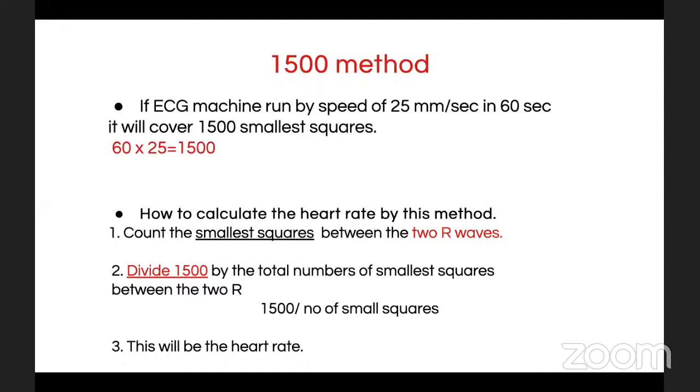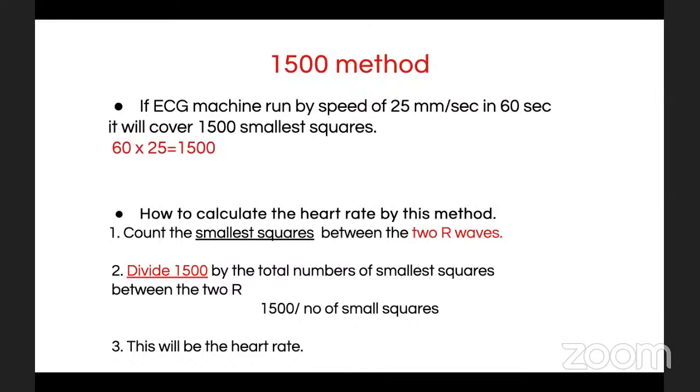أوكي طيب 60 قبل شوي قلنا ضربناها by 5 وطلع لنا 300. الحين راح نضربها by 25 عشان smallest squares، راح يطلع لنا 1500. So هذه الطريقة نفس الشيء بس نحسب smallest square.